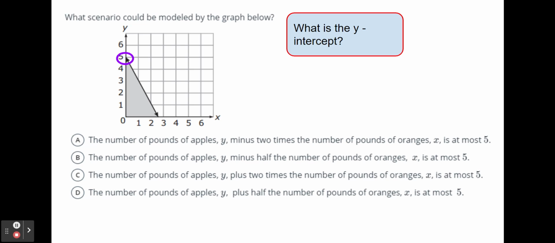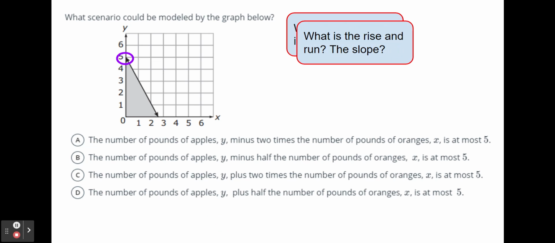What scenario could be modeled by the graph below? Our graph goes from 0 to 6 on the y-axis and the x-axis. All of your answers, according to this graph so far, are positive. First, what is your y-intercept? What is the rise and run, the slope?